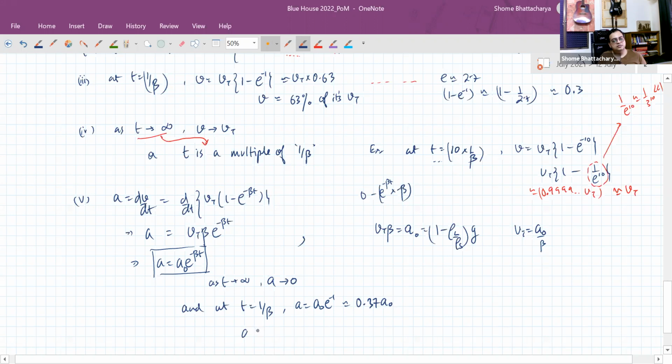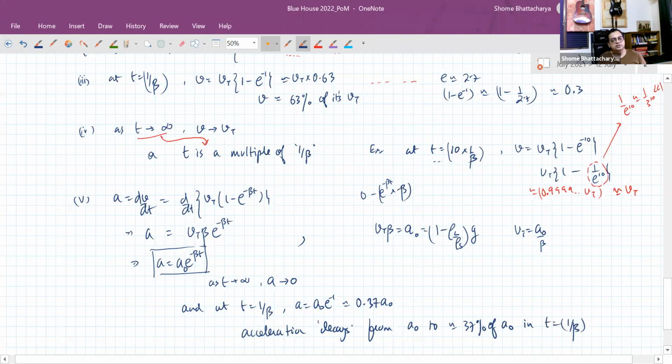So the acceleration decays or reduces from a naught to approximately 37% of a naught in t equal to 1 by beta, which has a dimension of time.